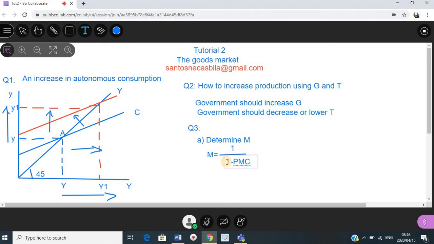But this formula applies when the given is the marginal propensity to consume. However, our activity is giving us not the marginal propensity to consume, but the marginal propensity to save. And we know that marginal propensity to save is equal to 1 minus C. So we are here just going to say 1 over marginal propensity to save, MPS.